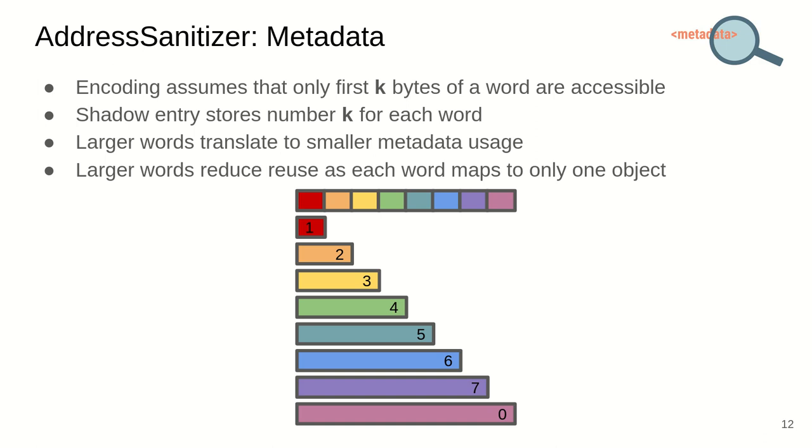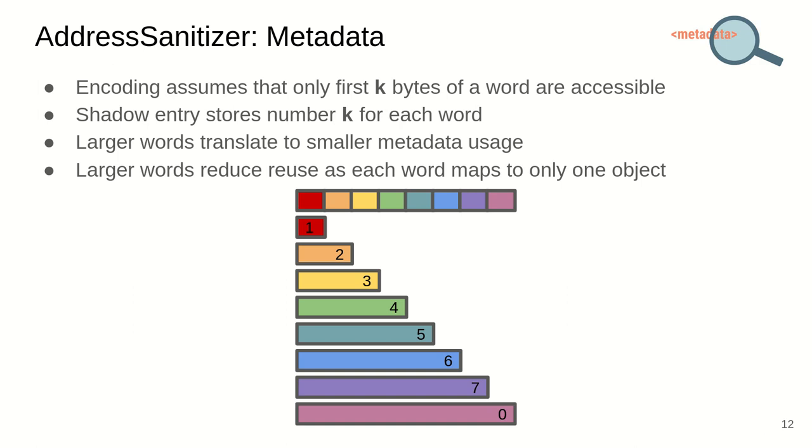Larger words translate to smaller metadata usage, right? So we could reduce the amount of space we need for the metadata table. So instead of 16 terabytes, if we go for 16 byte words, we would only have 8 terabytes. If we go for 32 byte words and so on, this would just reduce it one after the other.